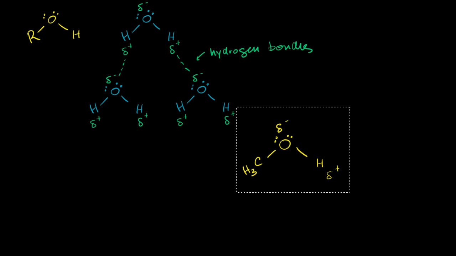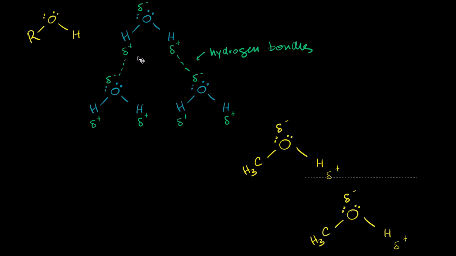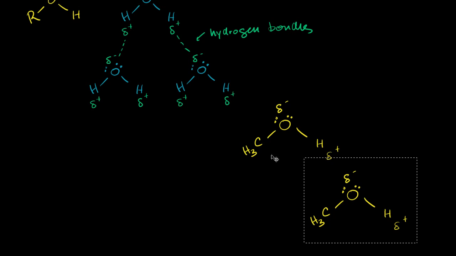So let me copy and paste that. It can also form hydrogen bonds, although they won't be quite as strong as what you see in water. And that's why something like methanol actually has a lower boiling point than water. It's easy to make it boil. It's easier to make these bonds break apart because you don't have as much of the hydrogen bonding. So this is an example of hydrogen bonding with methanol.